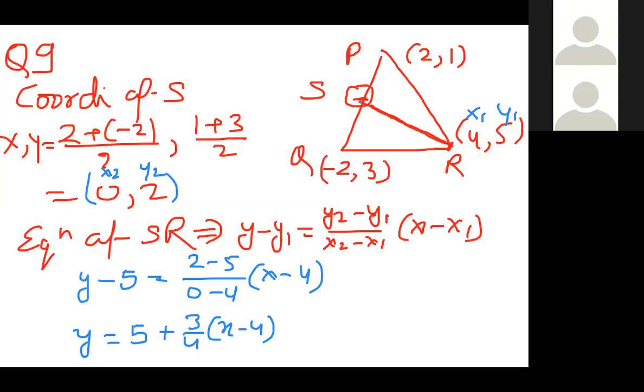We can simplify by taking the LCM also, but if we leave it at this point, the answer is still right. So this is the equation of the line, which is the median for triangle PQR. So I suppose you will be able to do this type of question.